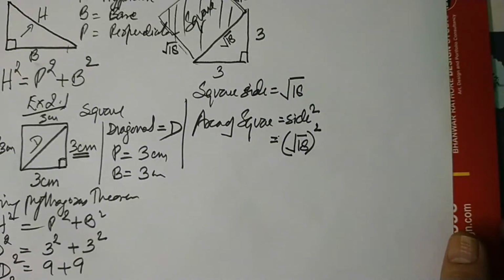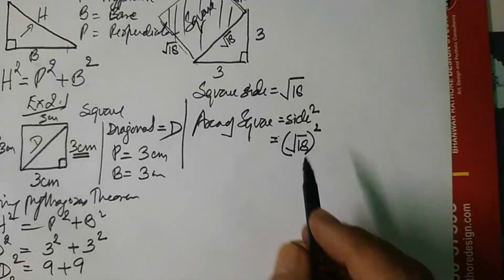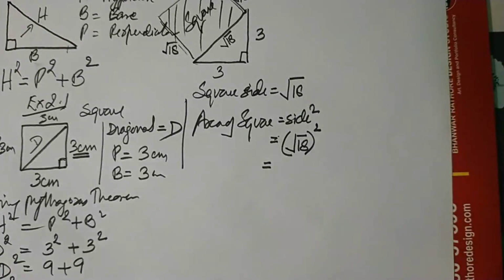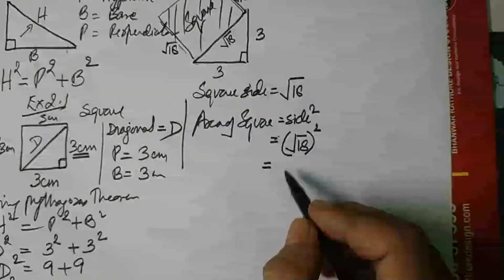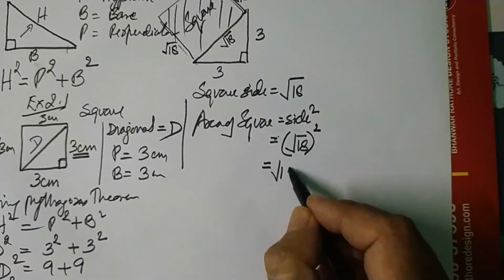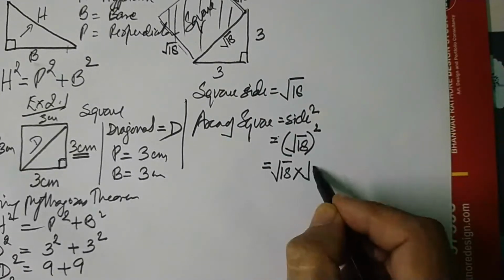If the side is under root 18, what will be under root 18 square? The area will come in centimeter square, because the length is given in centimeter. It will be under root of 18 into under root of 18.